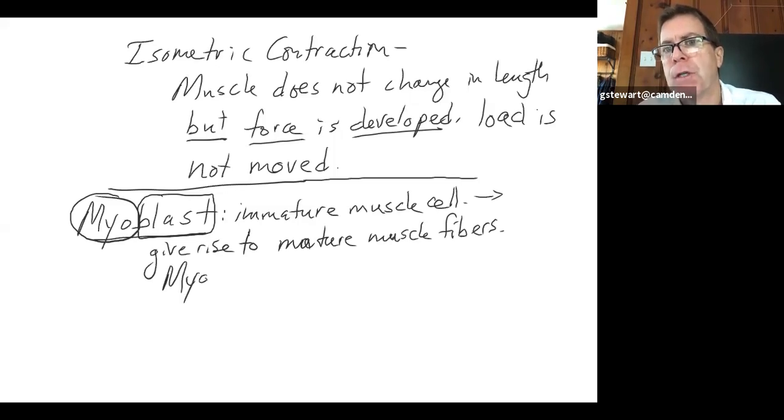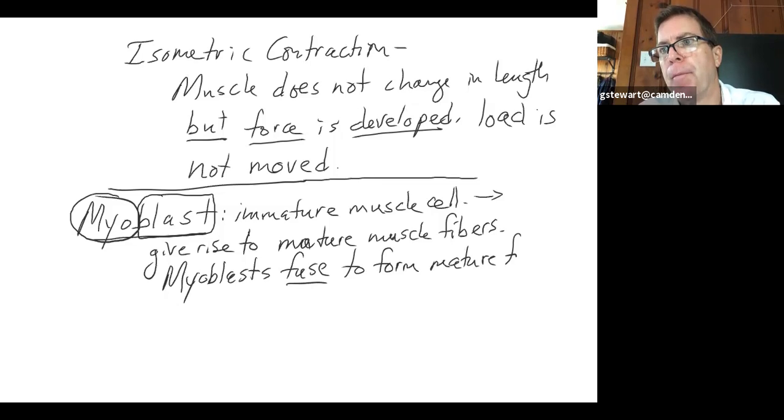Myoblasts fuse together in a young state to form a mature fiber. That's how they become multinucleate, because myoblasts each have their own nucleus. And when they fuse together, the nuclei don't fuse together. They stay separate, and we end up with a multinucleate mature muscle fiber.